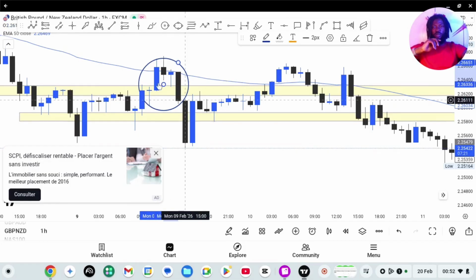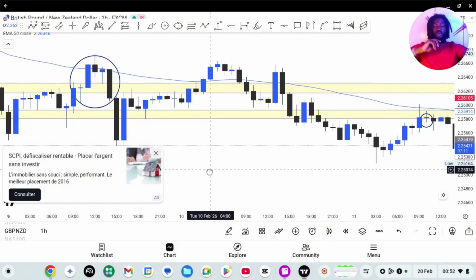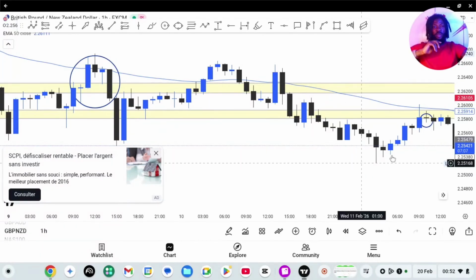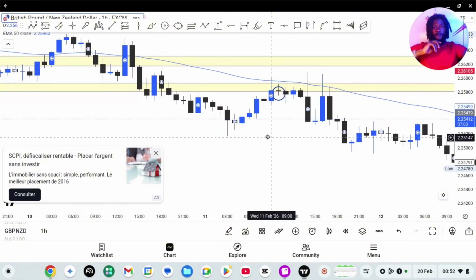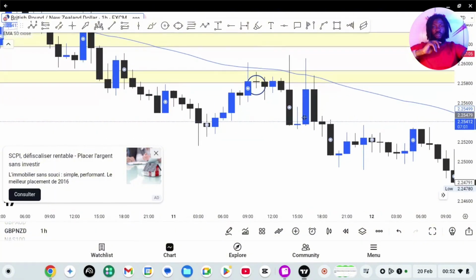So trust me, the example I showed you is more like a textbook. When you open the real chart, you just have to train your eyes to see them, because the live chart is a little bit different from the textbook online.